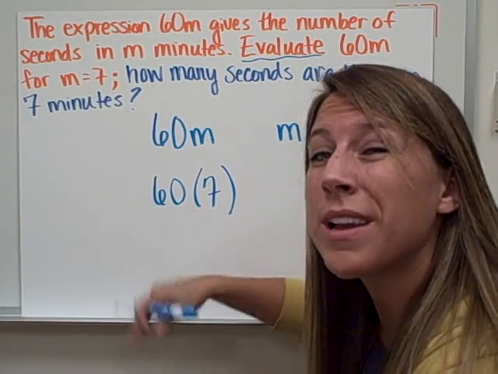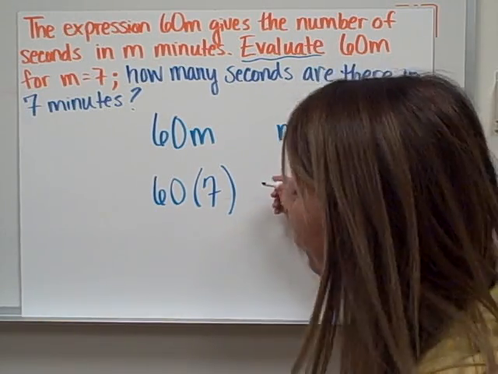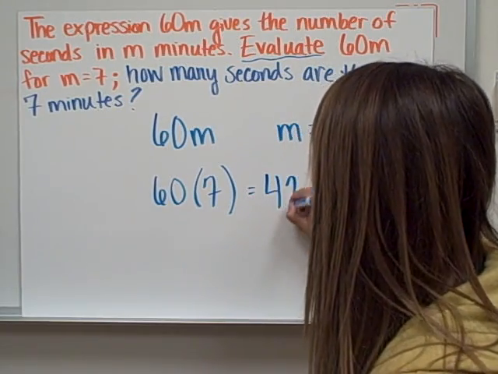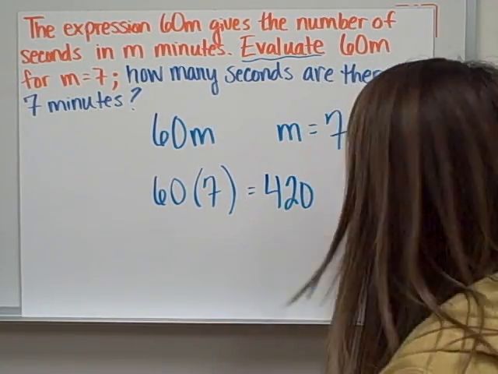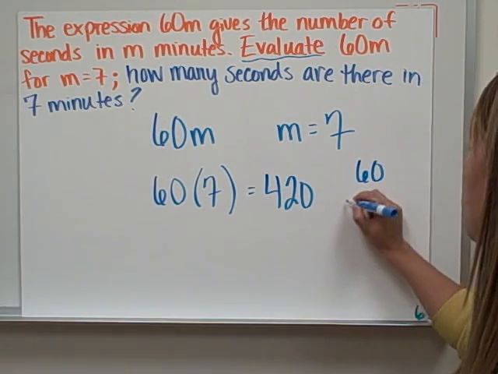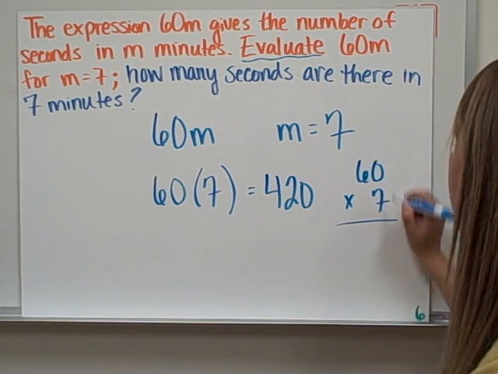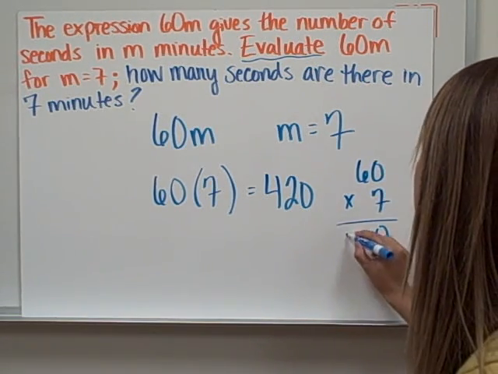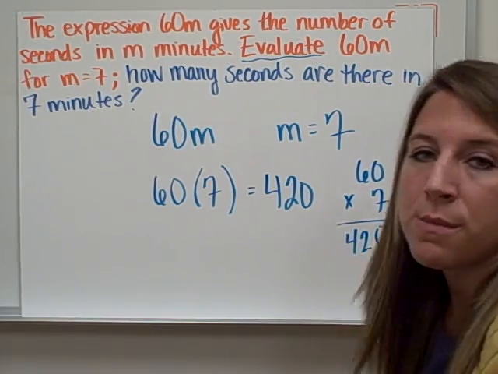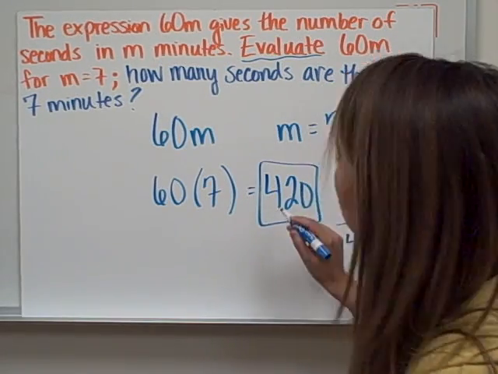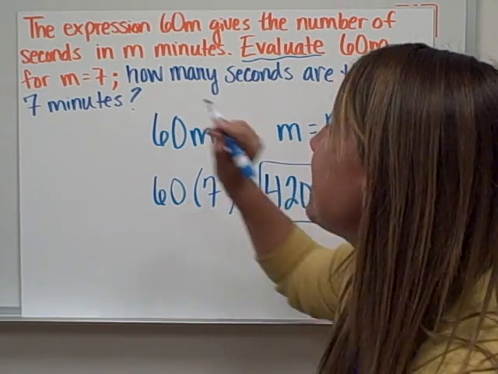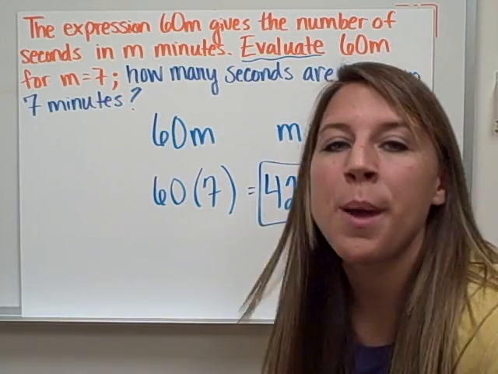That's what 60 is, so I can multiply 42 by 10 mentally. So I know my answer is going to be 420. If you want to make sure, I can come over here and say, okay, well 60 times 7, 7 times 0 is 0, and 6 times 7 is 42, giving me 420. So there are 420 seconds in 7 minutes.